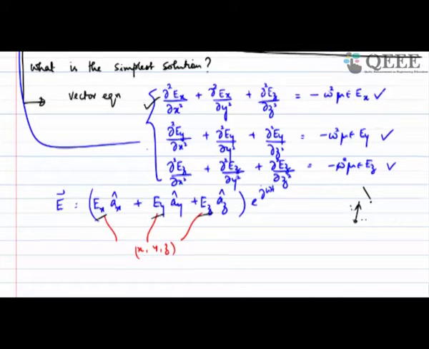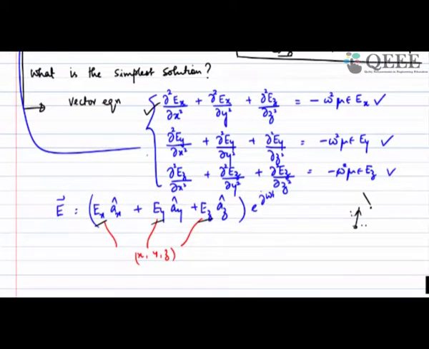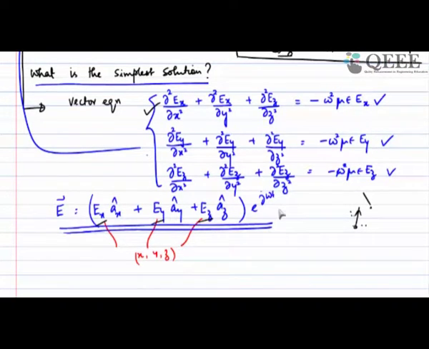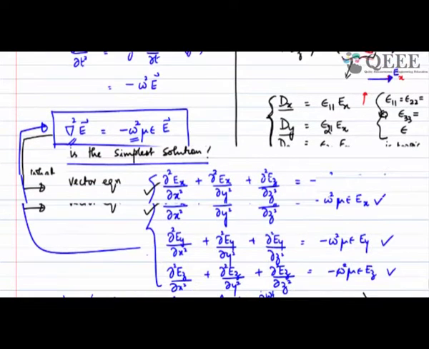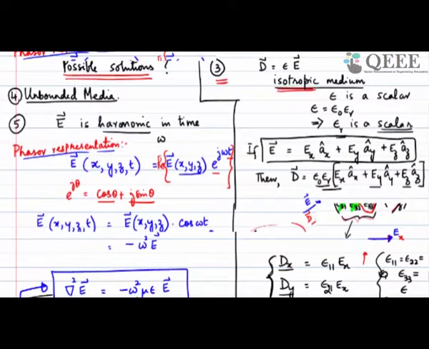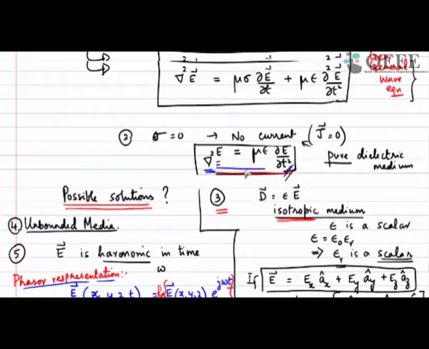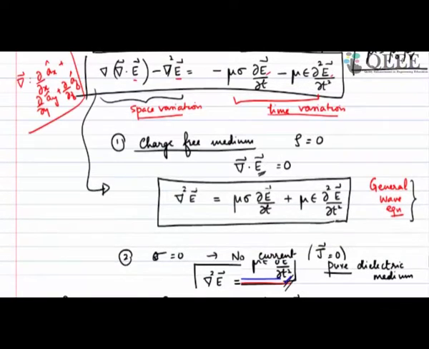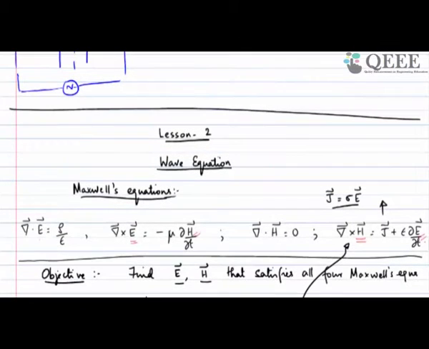So given this, I am trying to ask myself the question, what is the simplest solution for this equation? What is the simplest solution for this E? If it satisfies this equation, it would mean that it satisfies this medium's equation, which means it is satisfying all four Maxwell's equations.